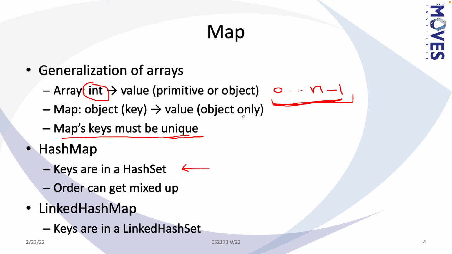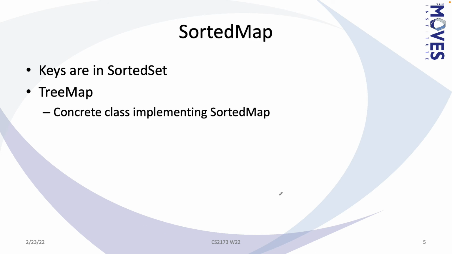On the other hand, there's a linked hash map, which I haven't really had much use for, to be honest, but is possible. Since the keys are a linked hash set, they will be kept in the order that you put them in. Again, I haven't found that to be terribly useful.